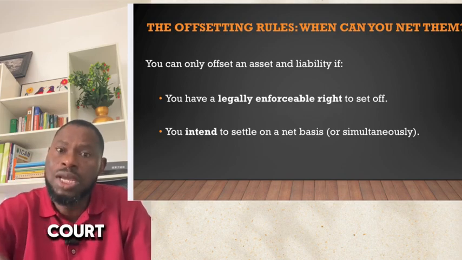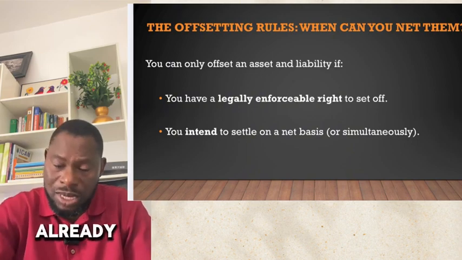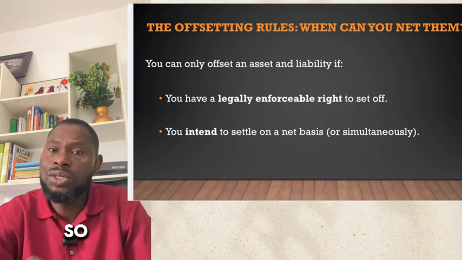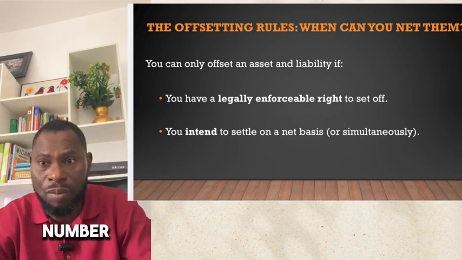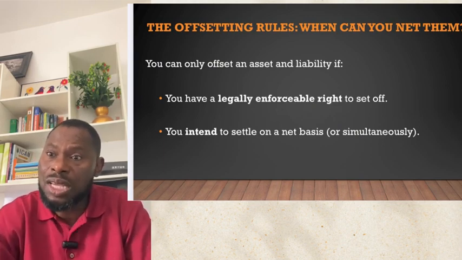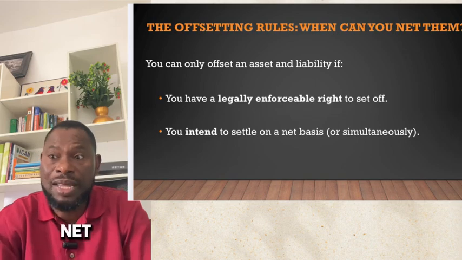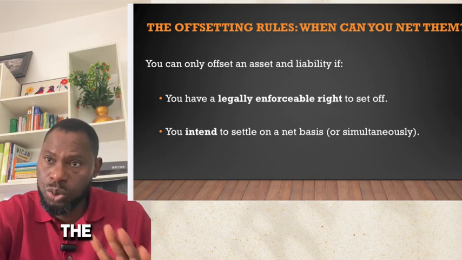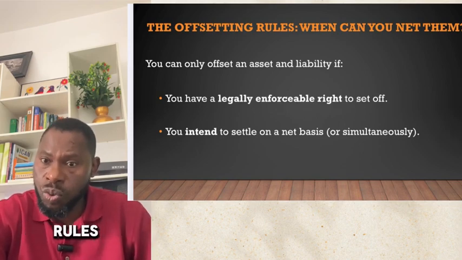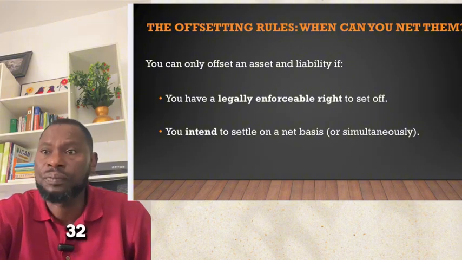You can go to court and win the case that yes, this is already in your contract that you can offset. So if you have a legally enforceable right to set off, then it is allowed. That is one. Number two, if you intend to settle on a net basis or simultaneously, then it is allowed. These are the two offsetting rules by IAS 32.